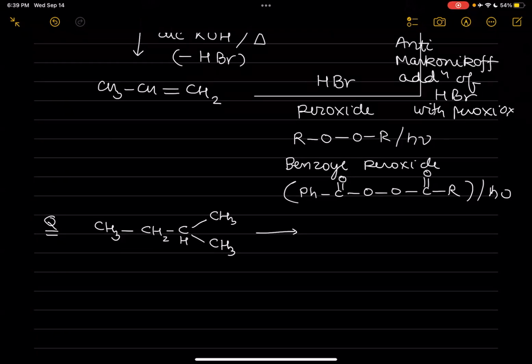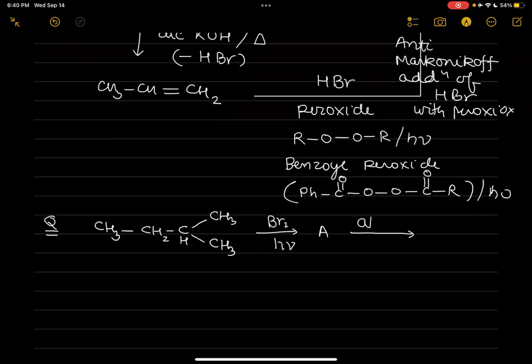So suppose I ask you to do the bromination, photohalogenation. The first question is, where is the bromine going to get attached? And the second thing: suppose this is A, the major, main product formed.